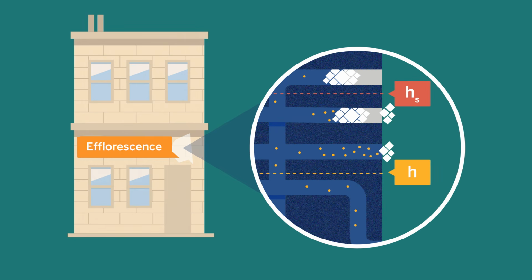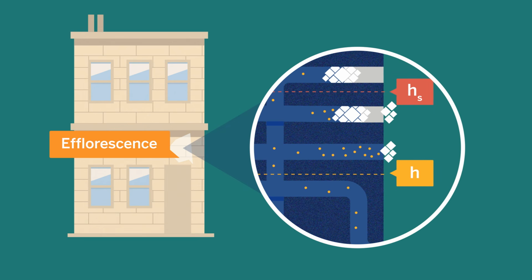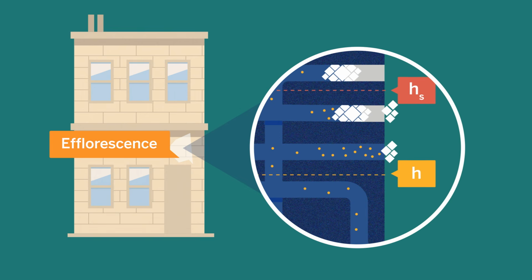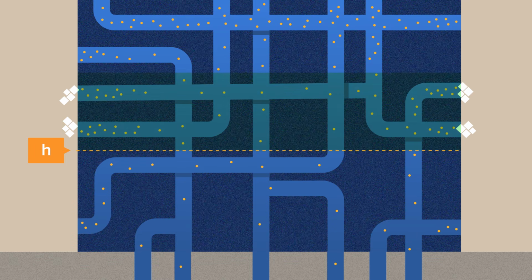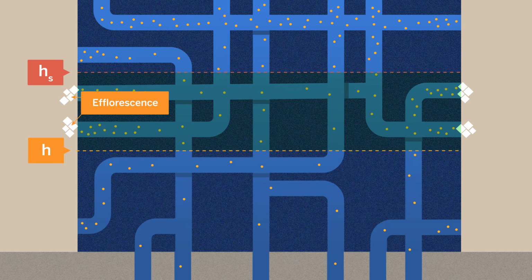This external growth is called efflorescence, which is not aesthetically appealing, but does not damage the element mechanically. Above the height at which efflorescence forms, the rate of rise of groundwater eventually becomes slower than evaporation, so the crystallization front retreats into the masonry element.